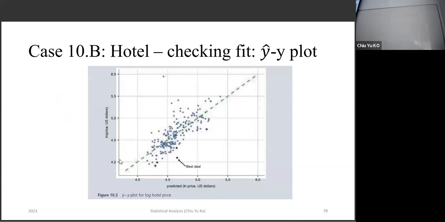In your model, your prediction is a line, and the actual observed is this point. The larger the distance between the line and your point, the bigger the bargain you have. According to the model, for some x the price will be there, and you observe this is your price. If you want to find a big bargain, this is the way you look at it. Is that clear why this is the case?